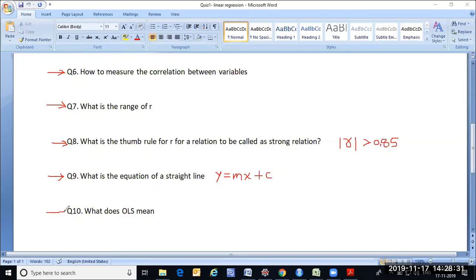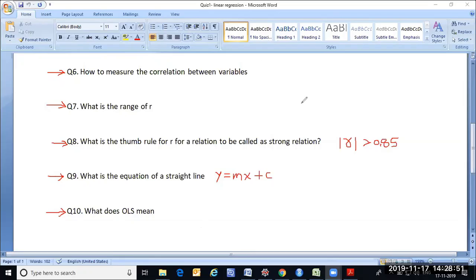What does OLS mean? Ordinary least square technique. What do we use that for? To find the best fit line.